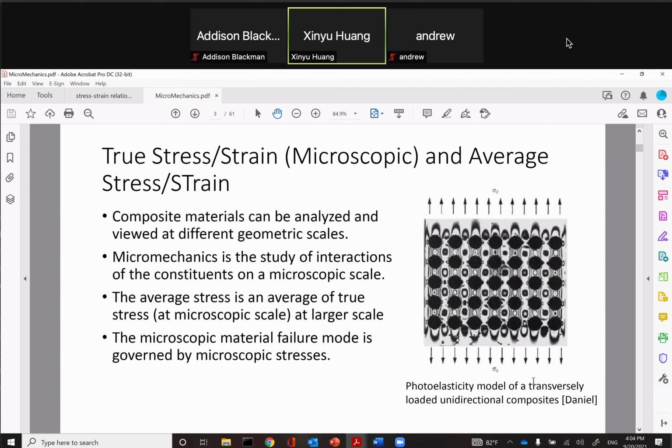This is a photoelastic model of a fiber reinforced polymer matrix under transverse tension. You have this round circle, that's the really strong fiber, and then you have a matrix. When you put it in tension, the stress at small scale is really, really non-uniform. The message here is that at small scale, things are not uniform.